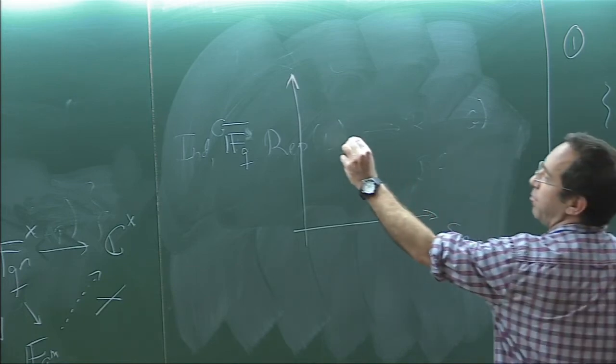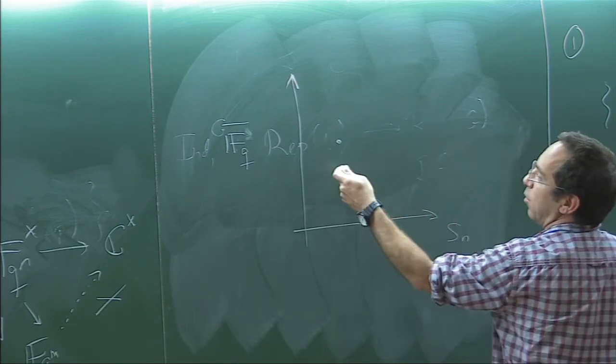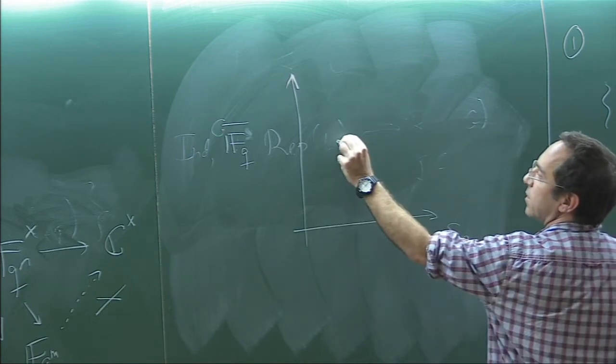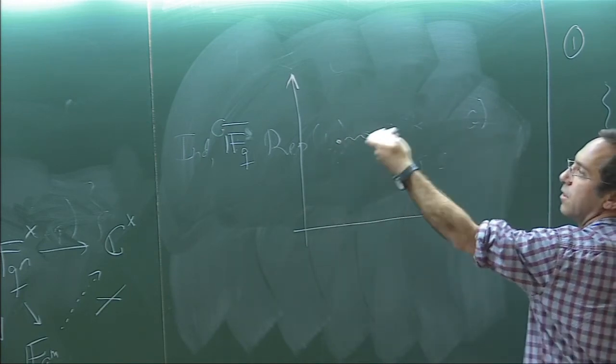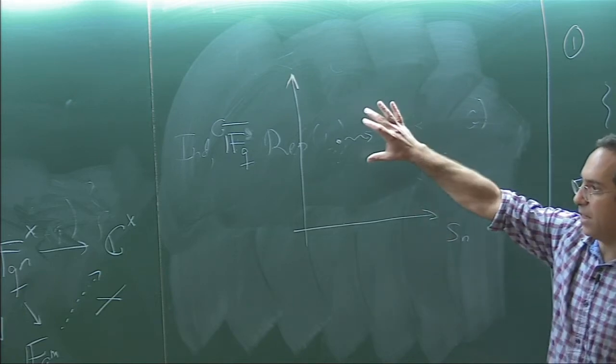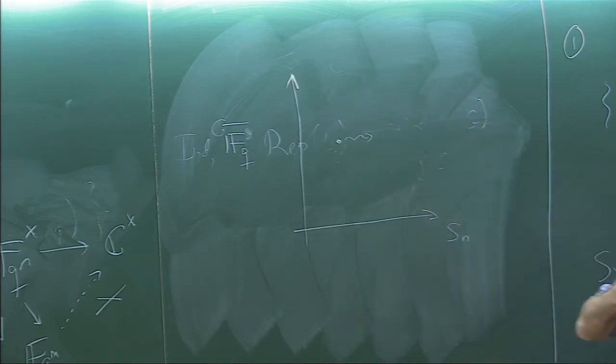So if you take a cuspidal character of any of these n's, and you start inducing it further, it will behave exactly as the trivial character of Sn evolves when you induce representations from Sn to Sm, where m is greater than n.